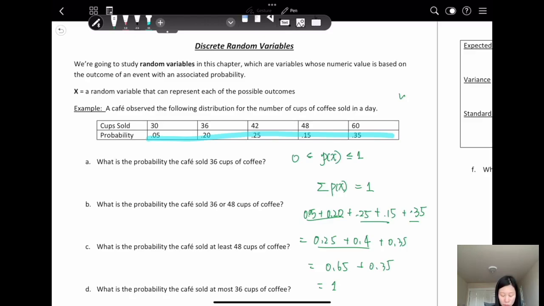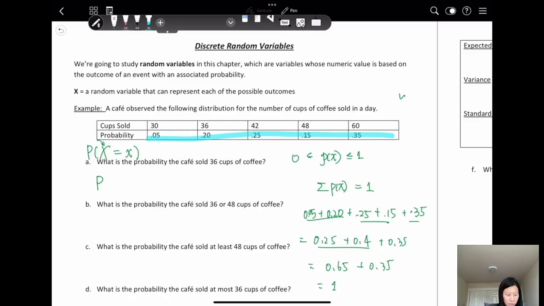Okay, so let's look at this first question. What is the probability that the cafe sold 36 cups? Let's do some notation. P of capital X equals little x.